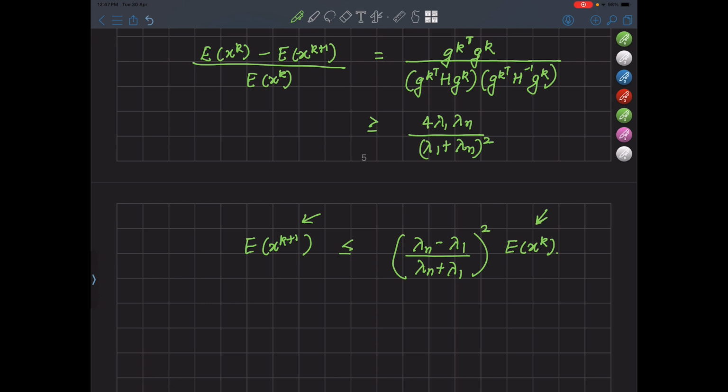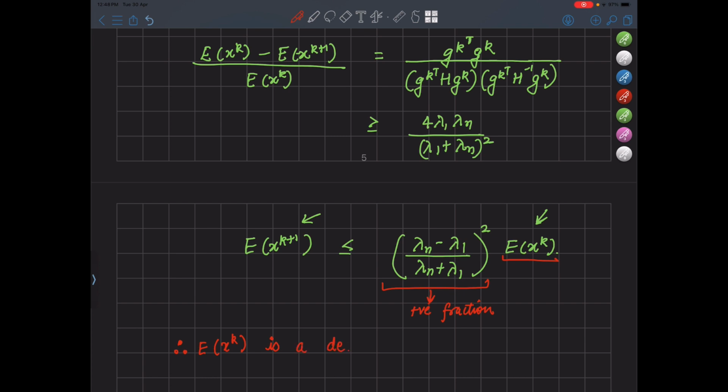It will always be smaller than some constant times the error function, because this is a positive fraction, E of x_k is a decreasing sequence. Because it is always less than something which is less than 1 multiplied by the current error, hence it is a decreasing sequence.